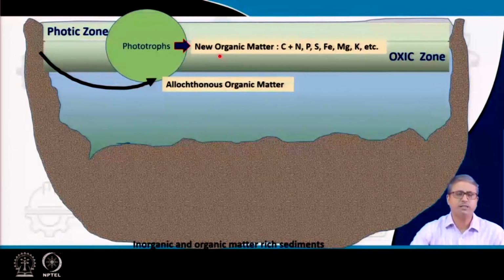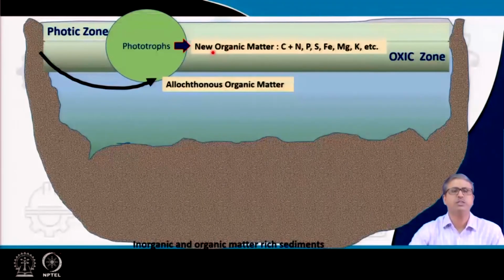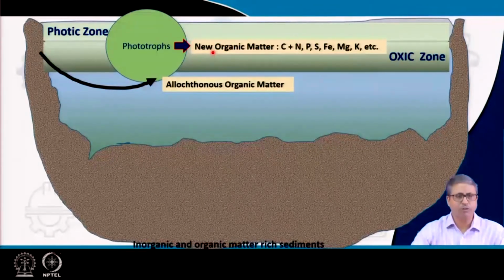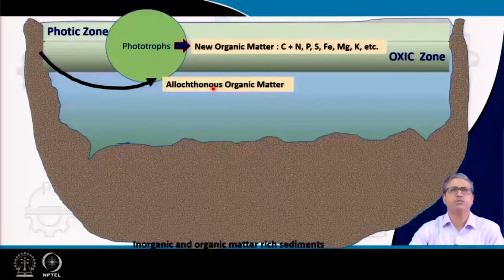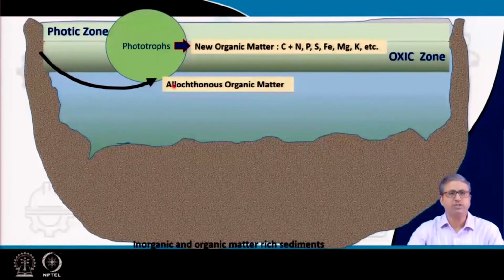As we have learned earlier, the organic matter will be synthesized by the phototrophic organisms, that corresponds to the new organic matter. Along with the new organic matter, externally derived or leached organic matter can also contribute to the organic carbon pool of this ecosystem. That is called allochthonous organic matter.